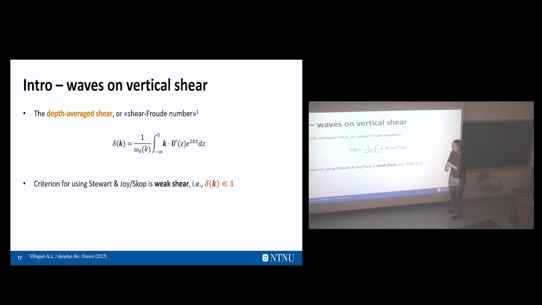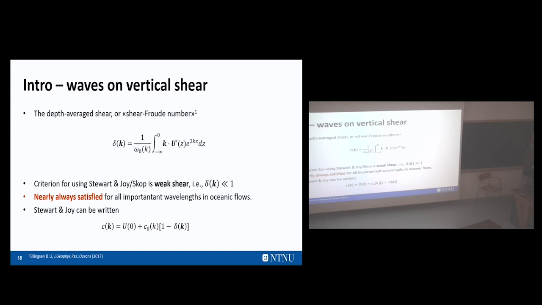For Stewart and Joy, or Skop, there is a finite depth version of the same thing with some sinh and cosh functions in it, but when this parameter is small, then Stewart and Joy is basically good. When it's order 1, you need to do something a bit different. There's another model you can use that's equally simple.